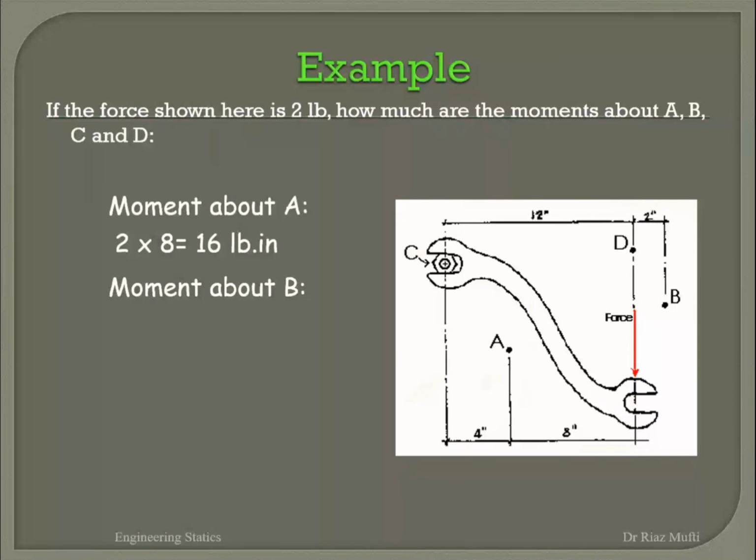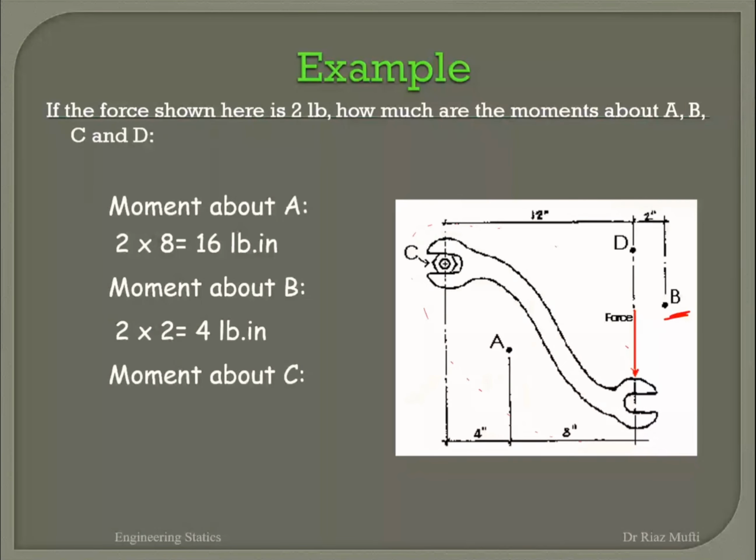But look, I'm calculating the moment at point B. Now this point B is outside the object, so it doesn't matter. You are trying to calculate the moment at a point outside the body. All you need to know is the force line and the perpendicular distance from that point. I've seen many people getting confused about how come the resultant moment is outside the body. So that's B.